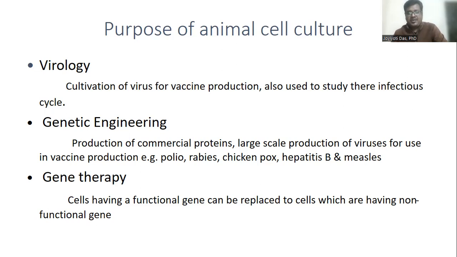You can fight the organism using your own immunity. Okay, so to produce vaccines, of course, you will need to grow the virus in large numbers so that you can make a lot of vaccine. Okay, so not against them, by using them rather, because these vaccines will be injected into the patient, and the patient eventually will develop antibodies against the particular virus. So to cultivate that virus, you will require host cells.